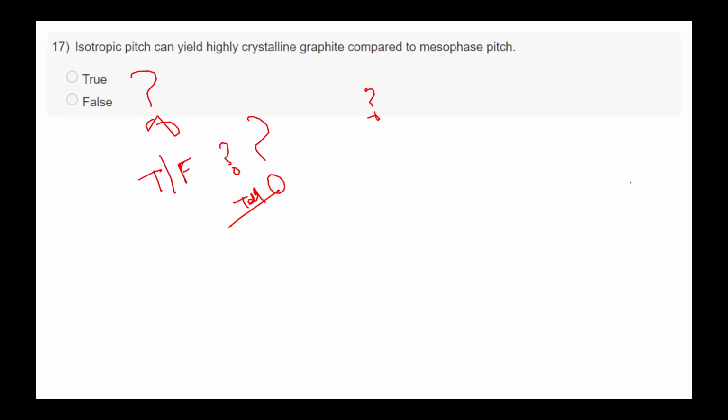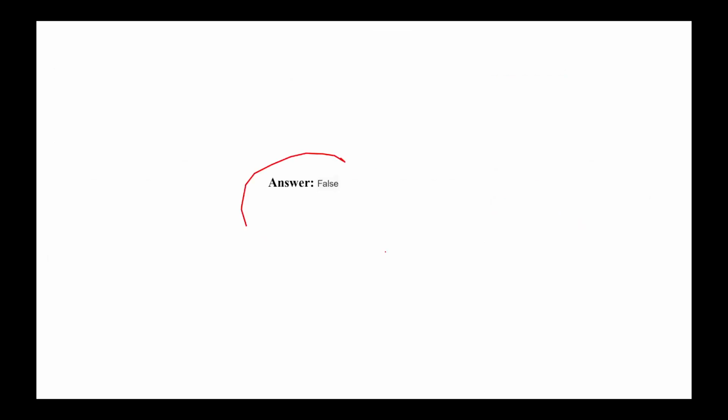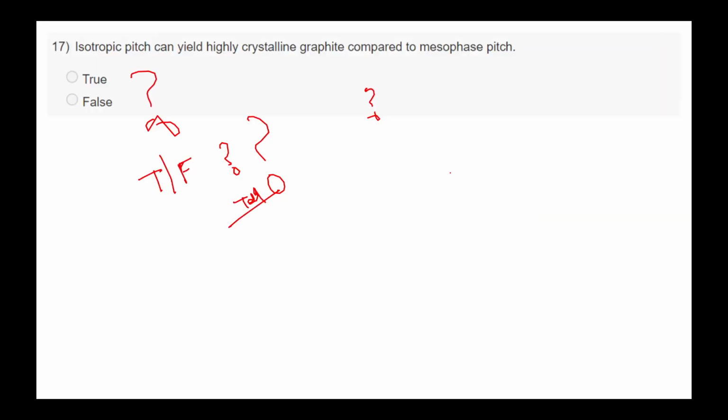So isotropic pitch yielding highly crystalline graphite compared to mesophase pitch is false.